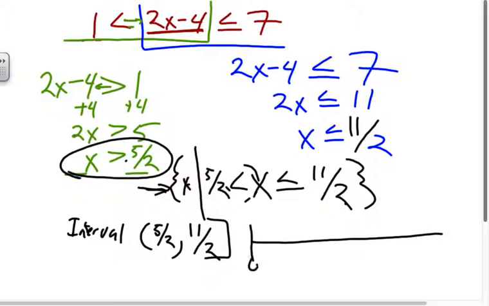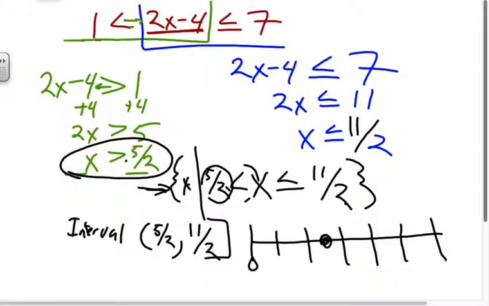So this is going to be 0, 1, 2, 3, 4, 5, and 6. Okay, so I know my leftmost point, x is going to have to be bigger than 5/2, which is 2.5. So x is going to be over here, but it's going to be an open circle, not a colored in one because it's not equal to.